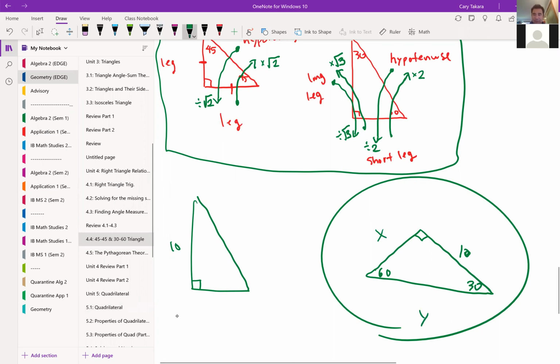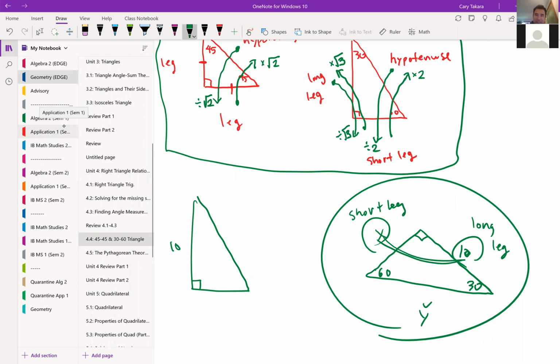Again, remember, hypotenuse is always the opposite side from the 90 degree. So Y is actually the hypotenuse. So X and 10, they are legs. This is the short leg, and this one is the long leg.